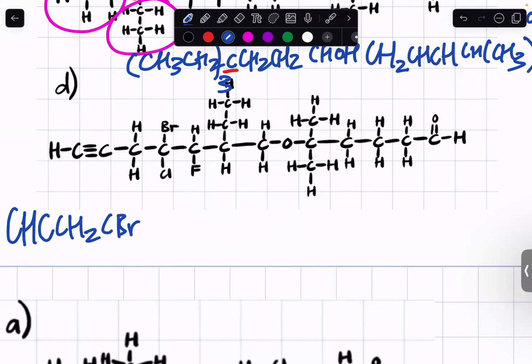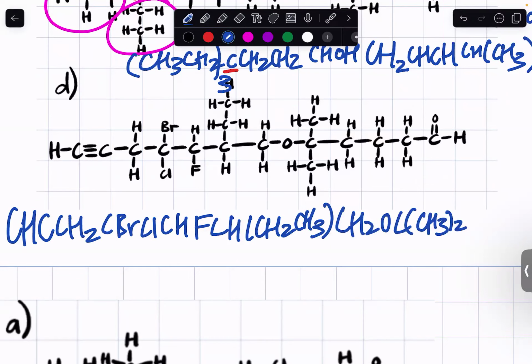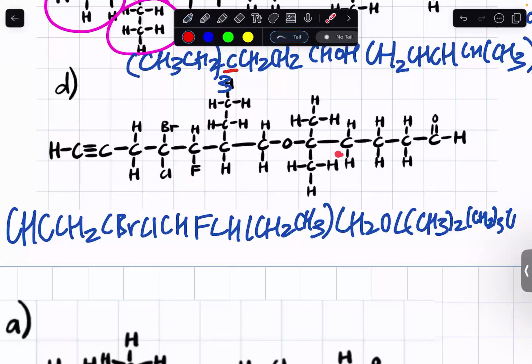CH3, 2, CH3. Yeah, that's okay because it's at least three, which is good. You could condense that into the parentheses like that. But if it's two, then you have to write CH2, right?